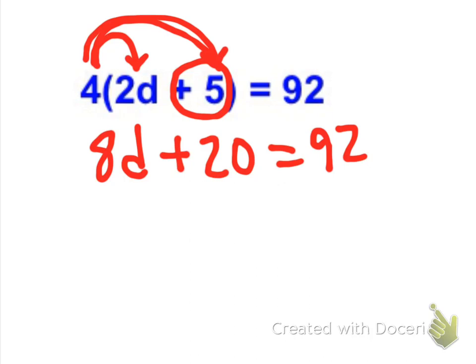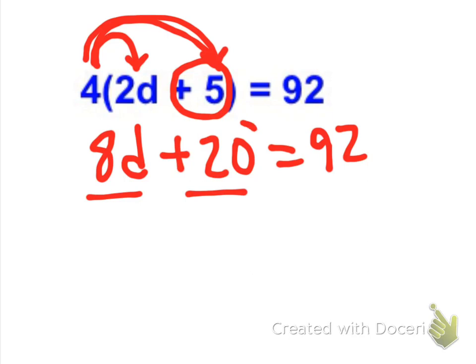Alrighty, now we're at a 2-step equation. So the second step for solving multi-step equations is combining any like terms on the same side of the equal sign, like get it all pretty and everything. But here, there's really nothing to combine, so we're moving on to the next step, which is separate the terms. I mean, when I say that, I mean get all the variables on one side, all the constants on another side of the equal sign.